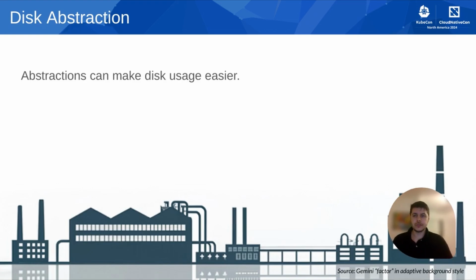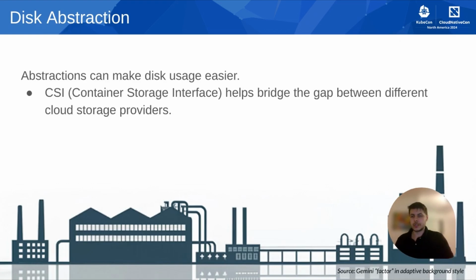Kubernetes does have solutions for this, so they have some abstractions for the disk. So you might have heard of CSI, which helps bridge the gap between some of these different cloud storage providers. That way you can easily create a volume using just the Kubernetes APIs, and this relieves some of those setup headaches.